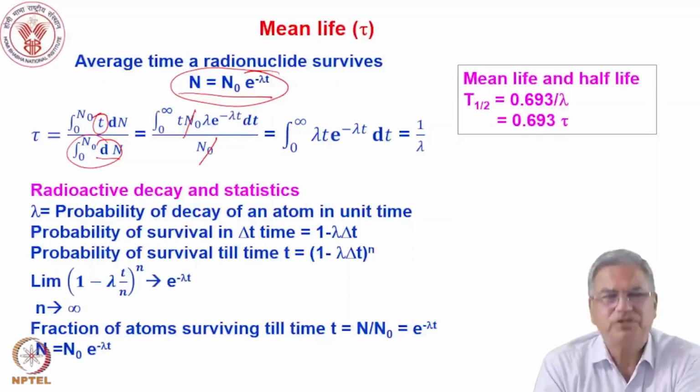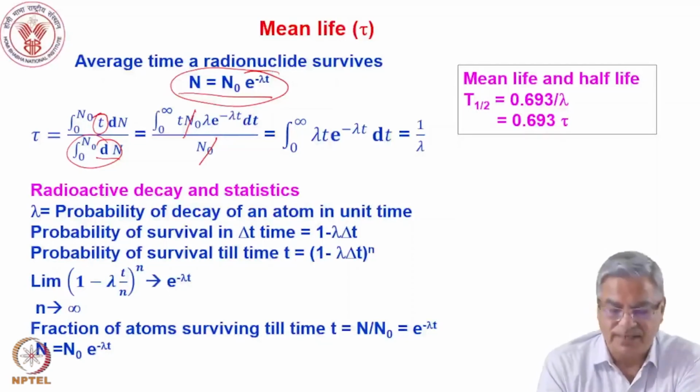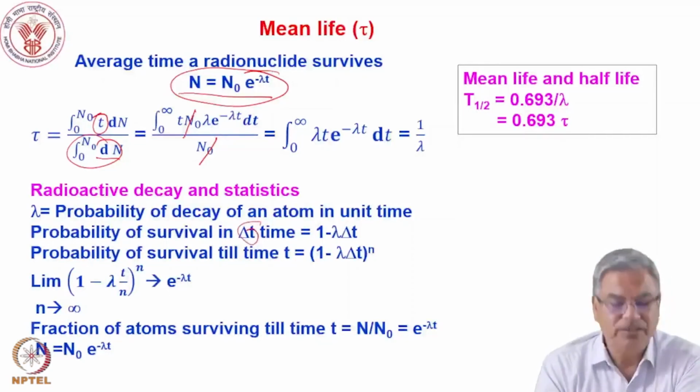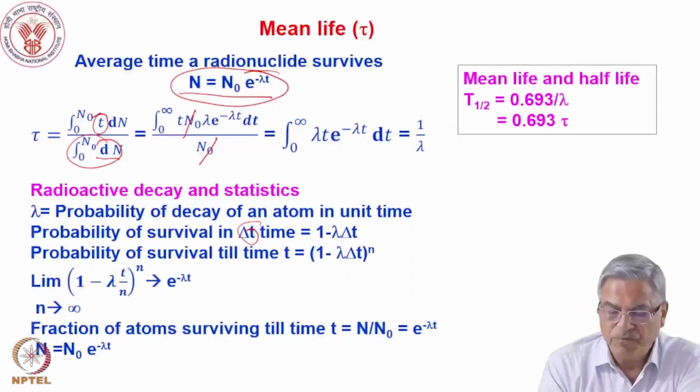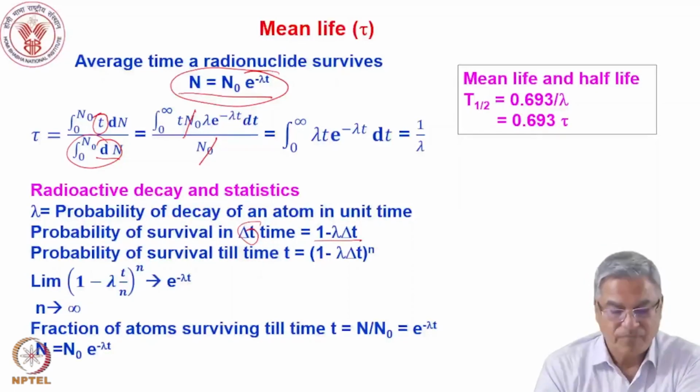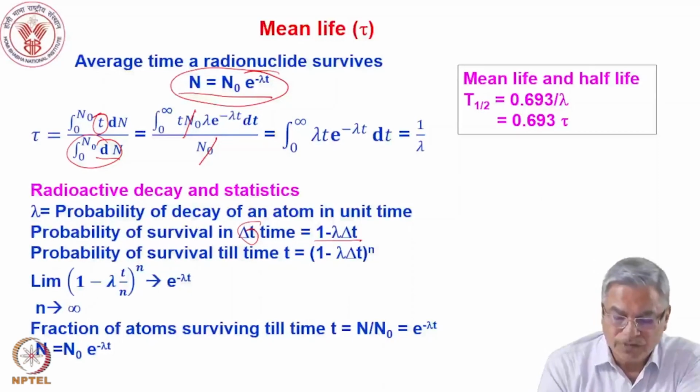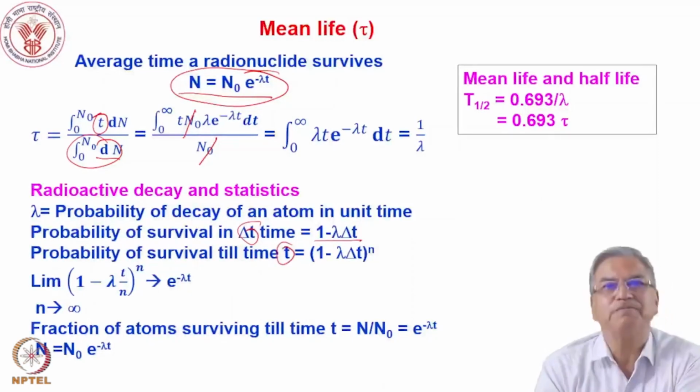You have a unit time interval delta t, let us say. In delta t, what is the probability of survival of an atom? It will be 1 minus lambda delta t. And now you want to find out the probability of survival till time t.